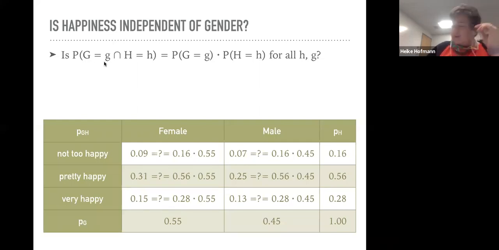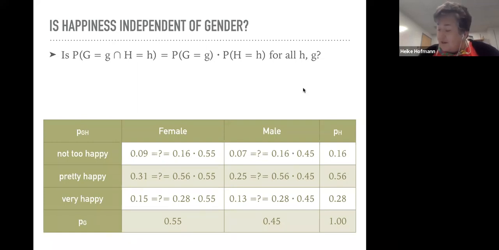So we're checking whether the joint probability is the same as the product of those margins. So that's why I came up with those margins. Now we're checking for each cell whether the element of the cell is equal to the product of the marginal probabilities. So 0.09, is that equal to 0.16 times 0.55? 0.07, is that equal to 0.45 times 0.16, and so on.